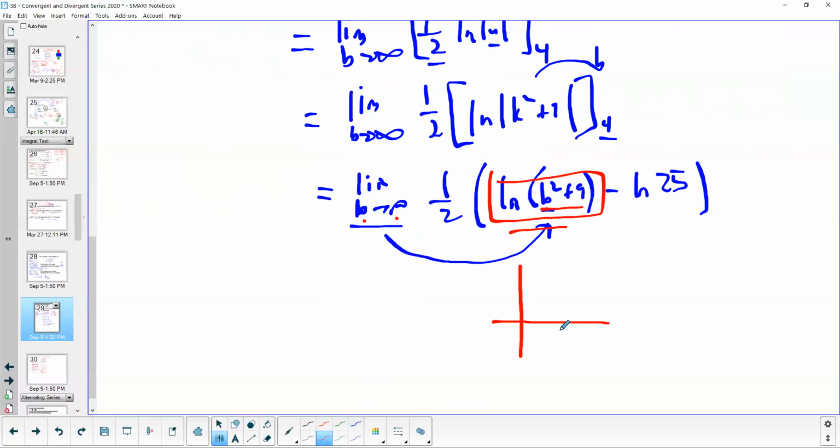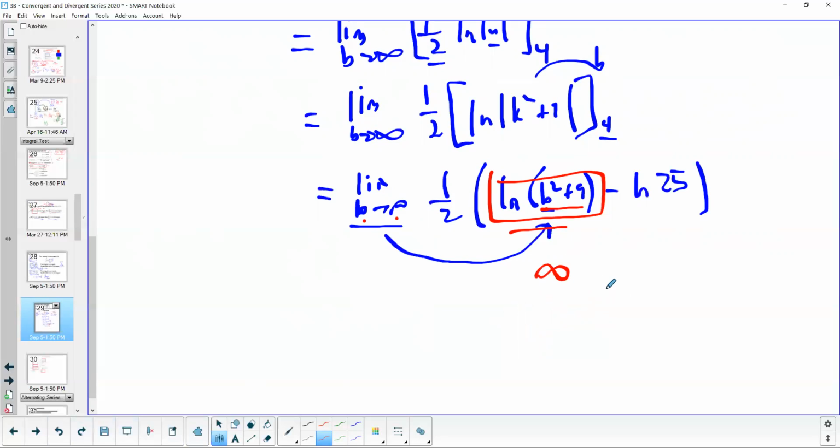If you recall, a natural log graph looks a little something like this. Even though it gets larger quite a bit slower than something like an exponential, it still does eventually approach infinity. So if I say, what is the limit as b approaches infinity, it approaches infinity.